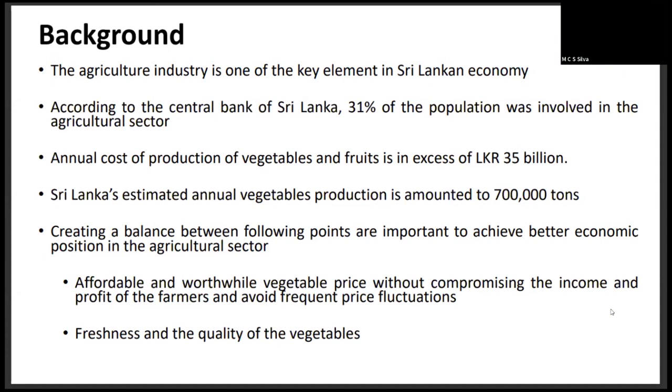So it's vital to create a balance between affordable price and worthwhile vegetable price without compromising the income and profit of the farmers, avoid frequent price fluctuation, and also maintain the freshness and quality of the vegetables, which are important to achieve a better economic position in the agriculture sector.